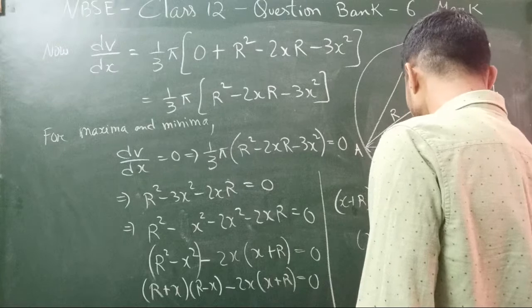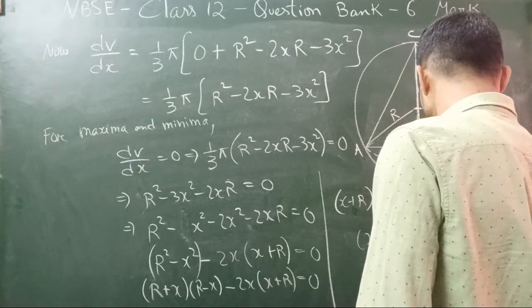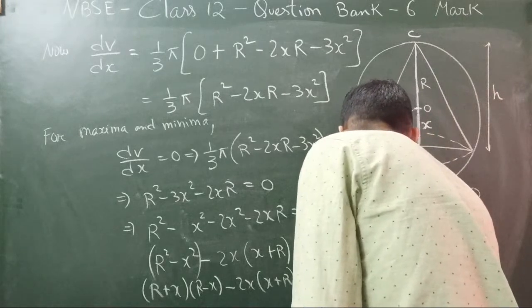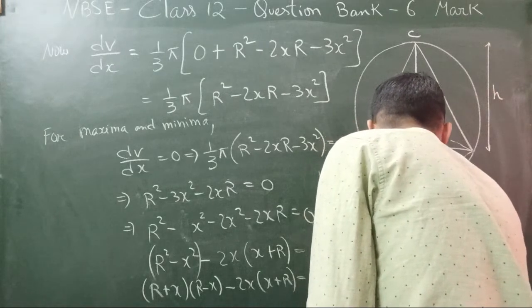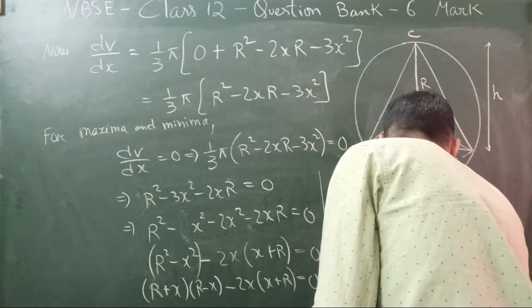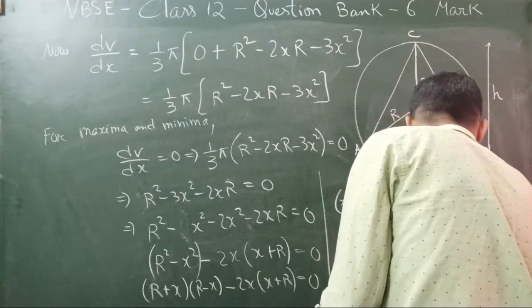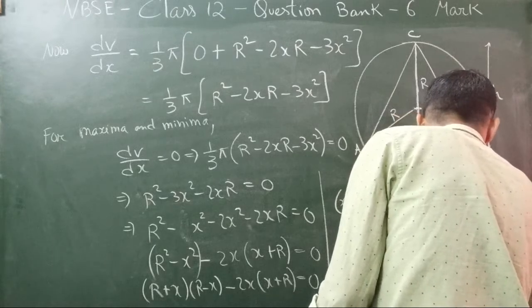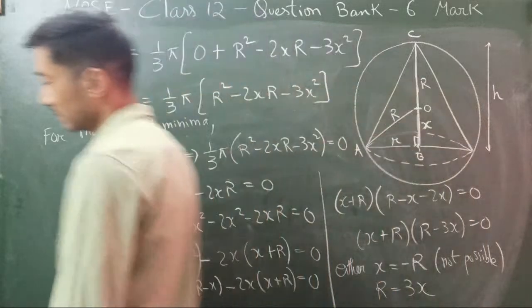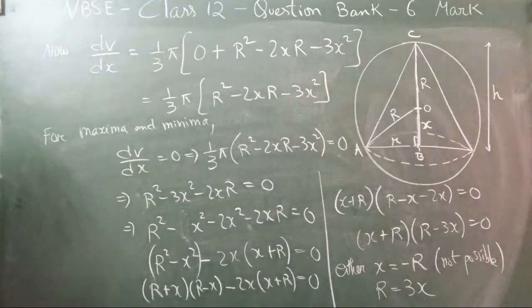So we shall have x plus r or r minus 3x equal to 0. So in this case, either x equal to minus r or r equal to 3x, and this is not possible because radius cannot be negative, as well as height also cannot be negative.